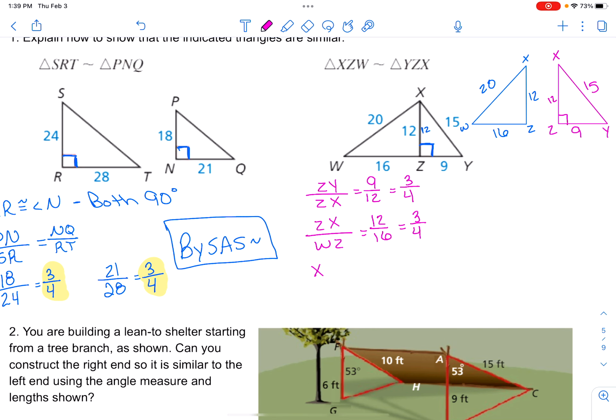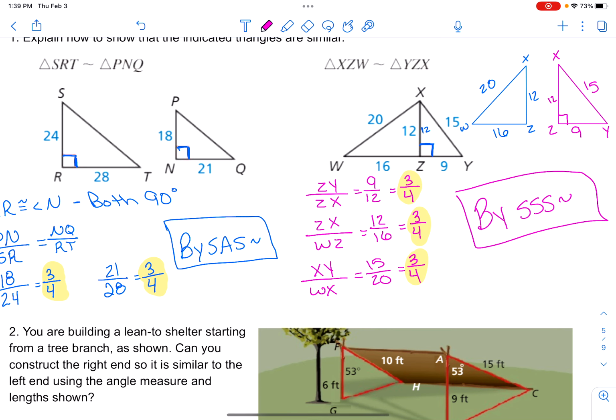And then we have our long side of XY and WX. XY is 15, WX is 20, 5 goes into 15 3 times, and 20 4 times. So notice all three of our sides have the same proportion, so these are similar by side, side, side similarity.